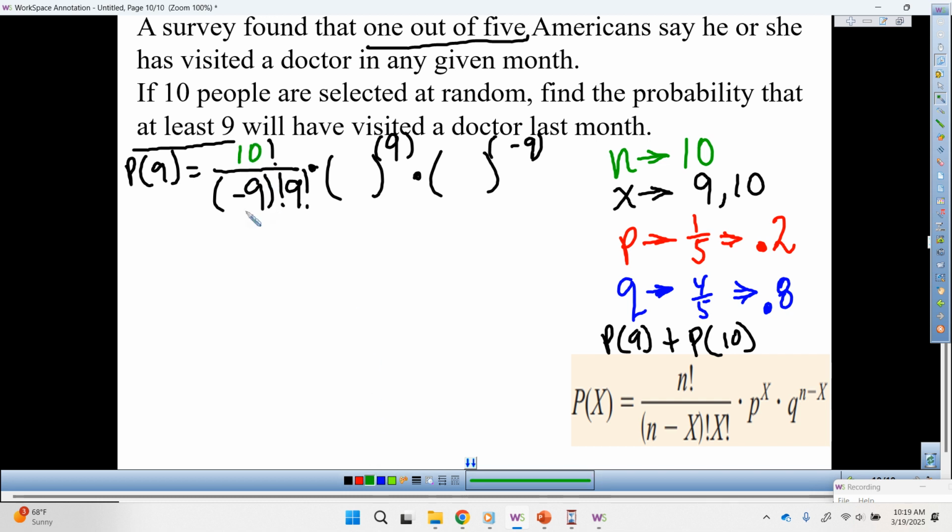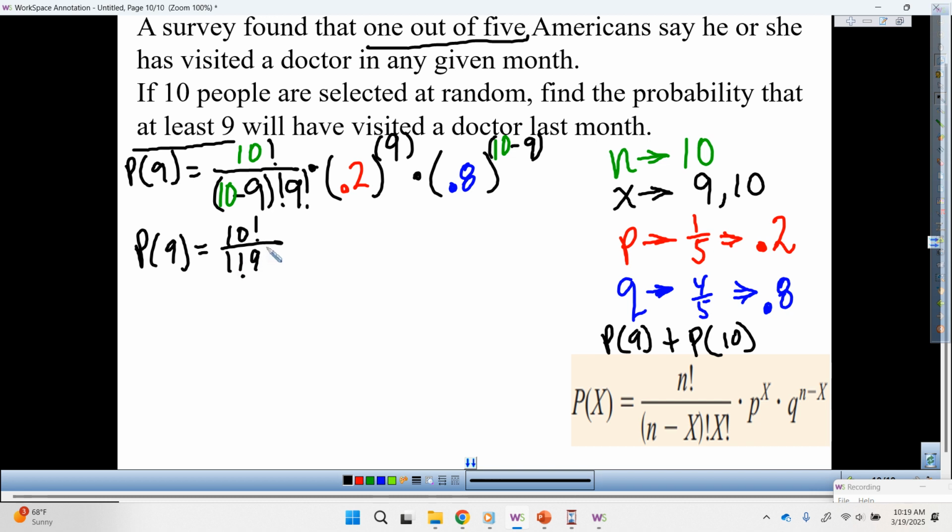We got 10, 10, and 10. And then we got P, which is 0.2. And Q is 0.8. All right. P of 9 equals 10 factorial over 1 factorial, 9 factorial, times 0.2 to the 9th.